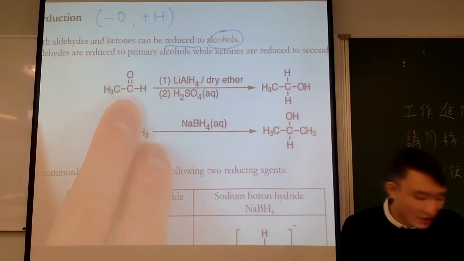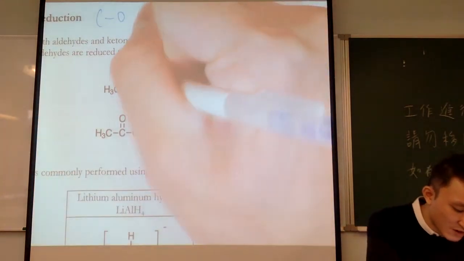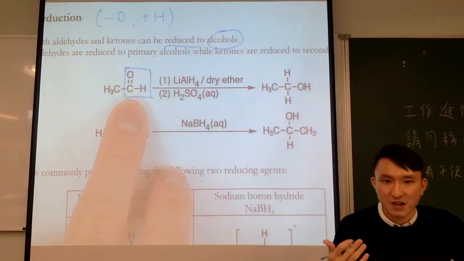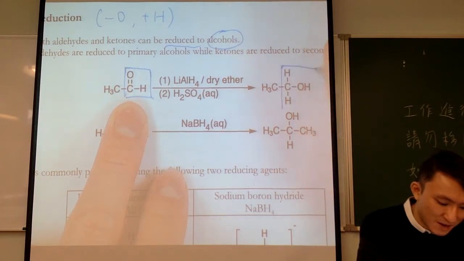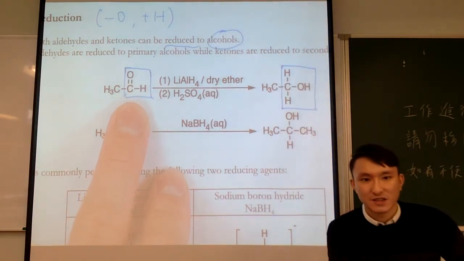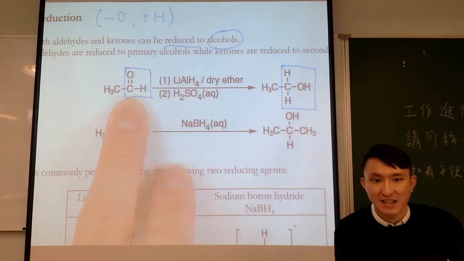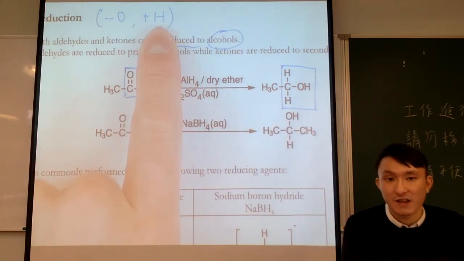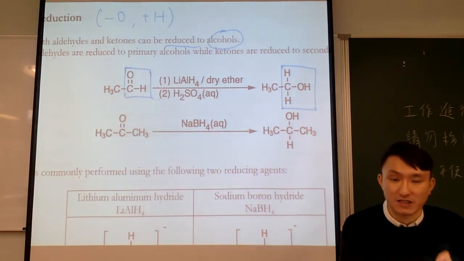When it undergoes reduction, I want you to focus on the functional group, the carbonyl carbon, and what it becomes after the reaction. After the reaction, it has gained 2 hydrogen atoms, which fulfills this criterion, and therefore this reaction is a reduction reaction.